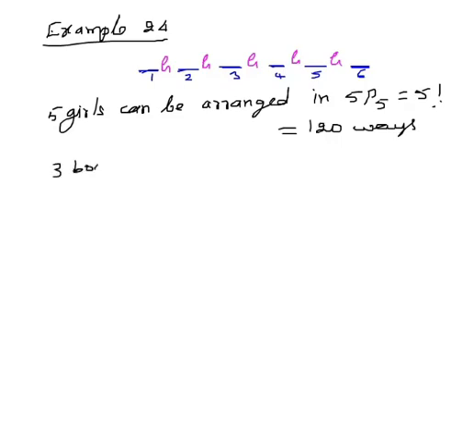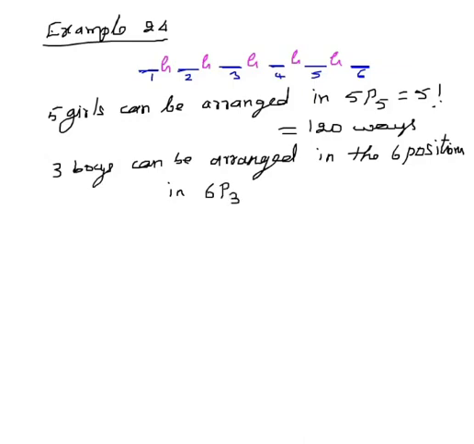So 3 boys can be arranged in 3 out of those 6 positions in 6P3 ways, which is equal to 6 factorial divided by 3 factorial. 4, 5 and 6. 120.